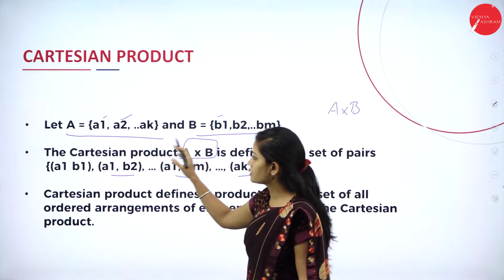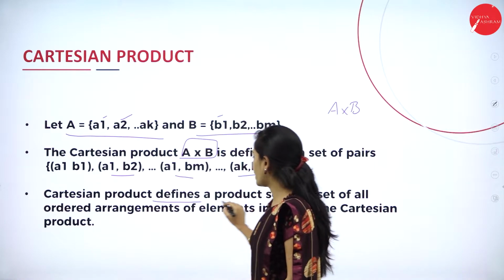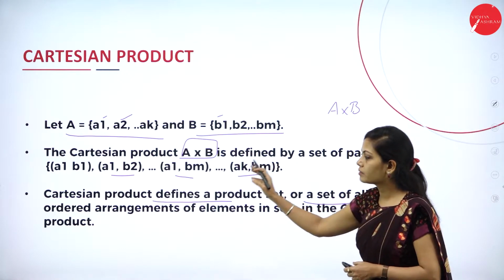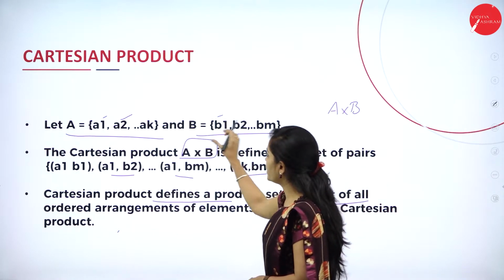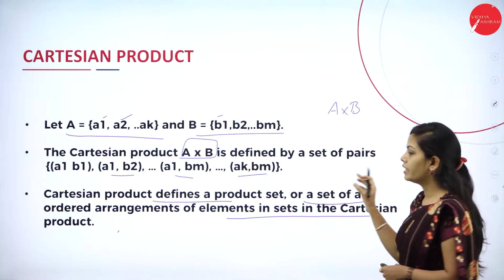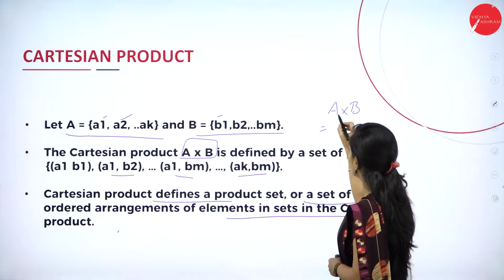So this is the concept of Cartesian product. Cartesian product defines a product set or a set of all ordered arrangements of elements in sets in the Cartesian product.